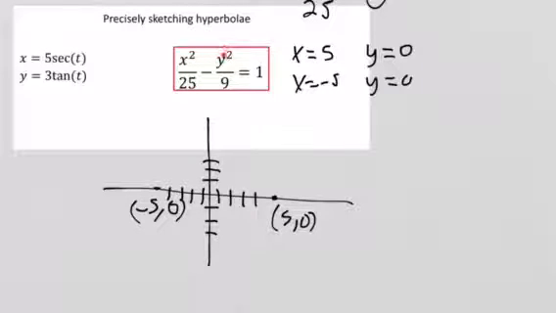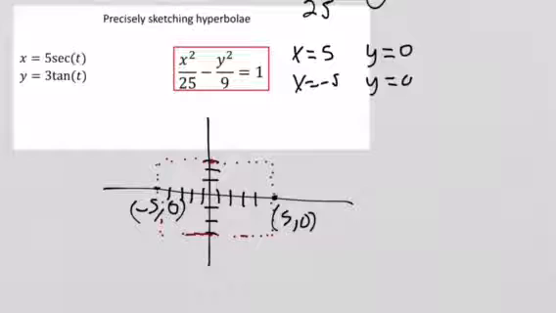So I get this 3 because 3 squared over 9 would be 1. So I'm going to go up 1, 2, 3 and just make a little mark. It's not a point. I'm just marking that point and then mark here. Okay, I'm going to use these to make a little box. This is not part of my graph. This is just going to help me sketch my graph.